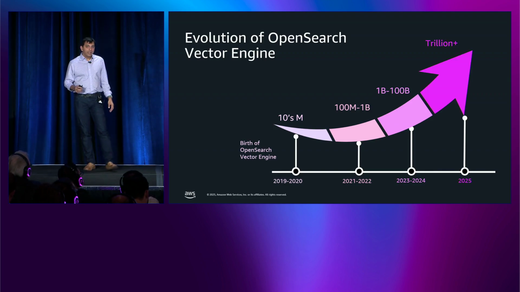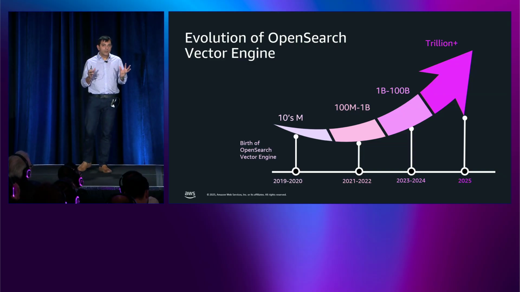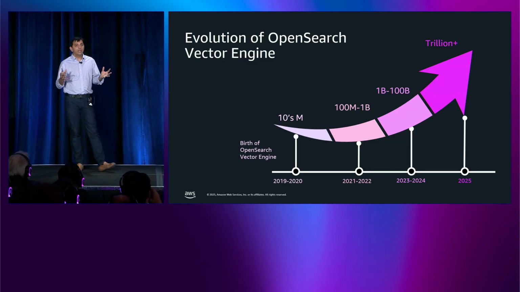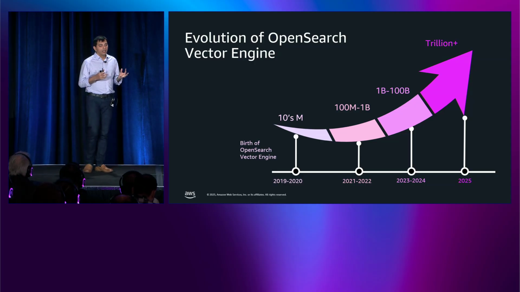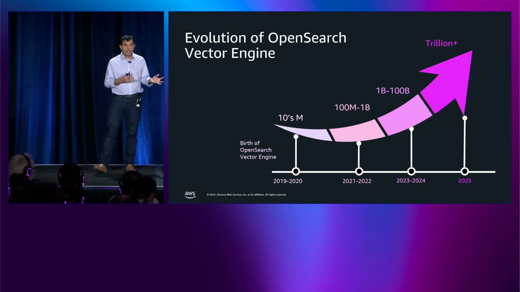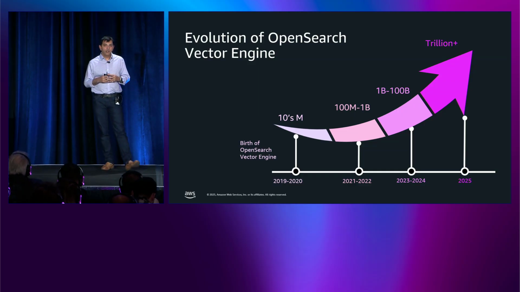More recently, many customers we see want to index and create vector embeddings for all their documents. That makes sense because all these models are pretty powerful, and you want to get the most out of your data. To do that, you want to generate these vector embeddings. And now we support up to 1 trillion scale on OpenSearch, which is really useful for the large use cases for using vector embeddings.